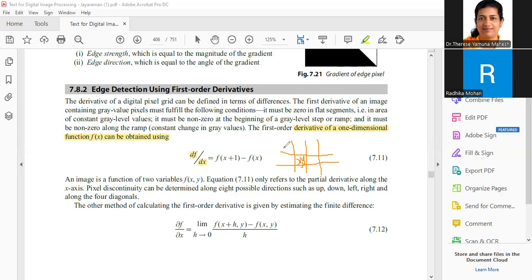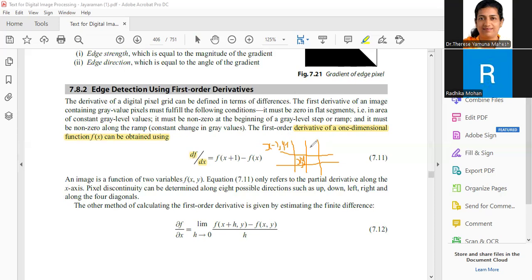If this is x, then this row can be x minus 1 and this row can be x plus 1. So this will be x minus 1, y minus 1; x minus 1, y; and x minus 1, y plus 1.